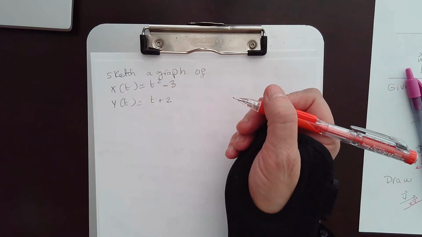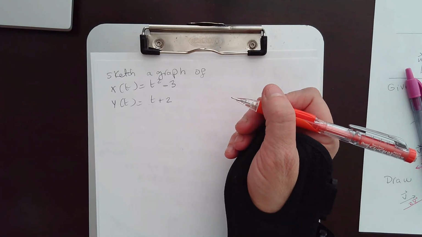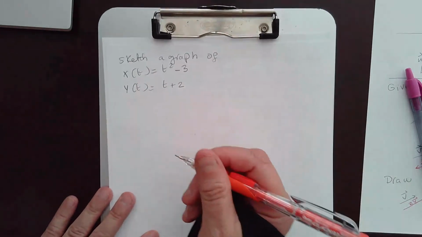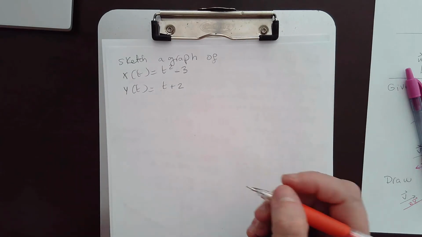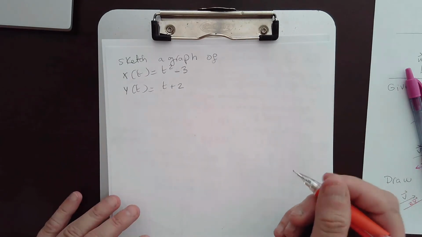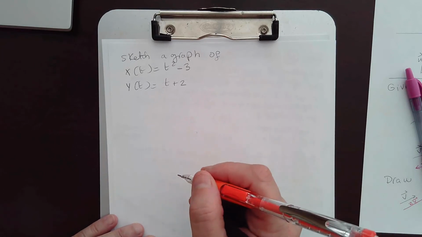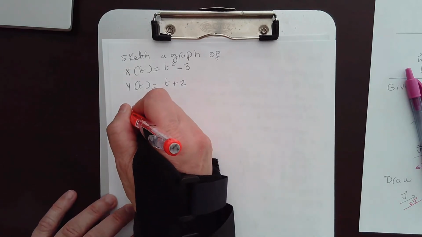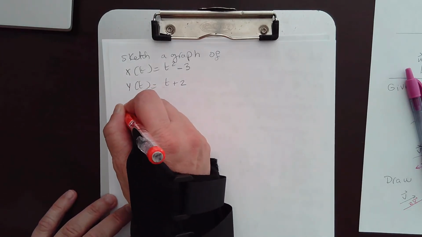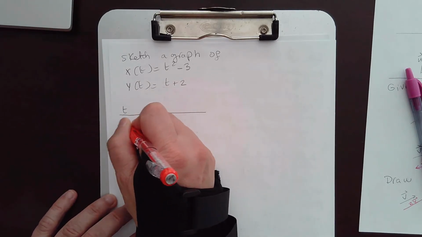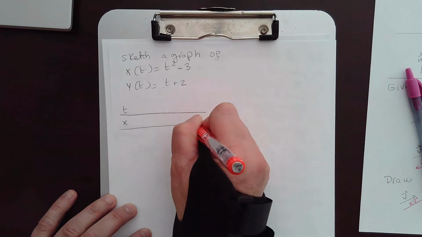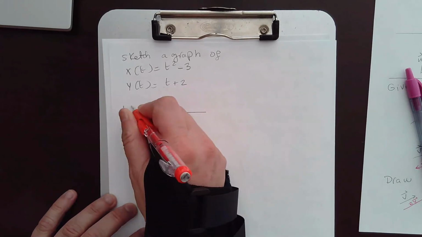Okay, so let's go ahead and begin with negative numbers. So we're going to begin by creating a table of values, right? So we have t, and here's x and y. So let's go ahead and select values.